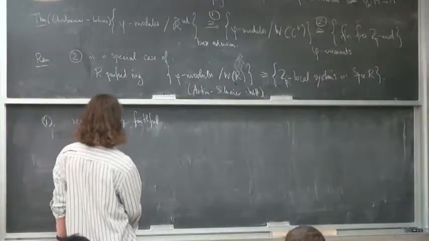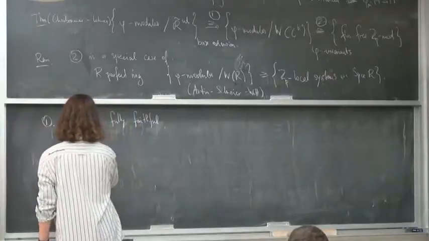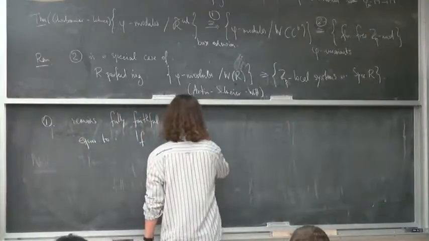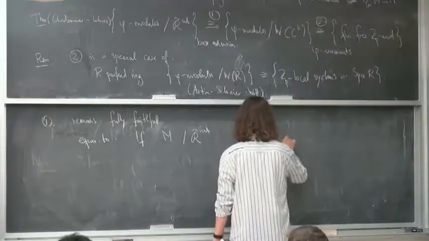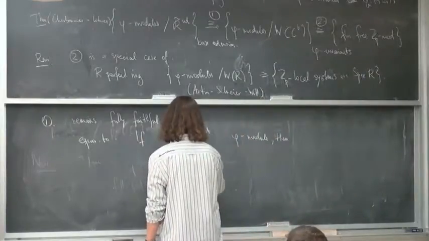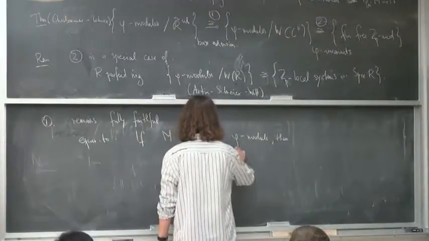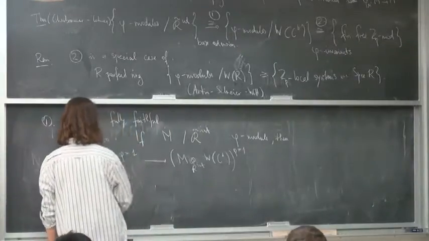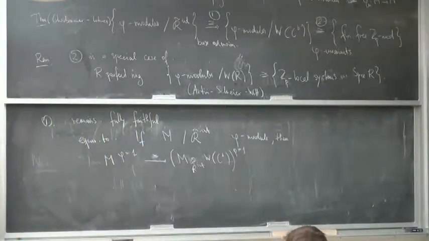And so that's equivalent to the statement that if I have M over this integral Robba ring, a phi module, then all the phi invariant sections I get after extending scalars to the Witt vectors already come from M. And this can be done by a consideration of Newton polygons.